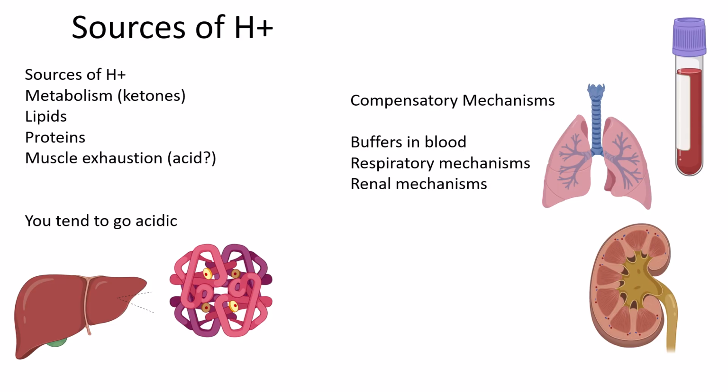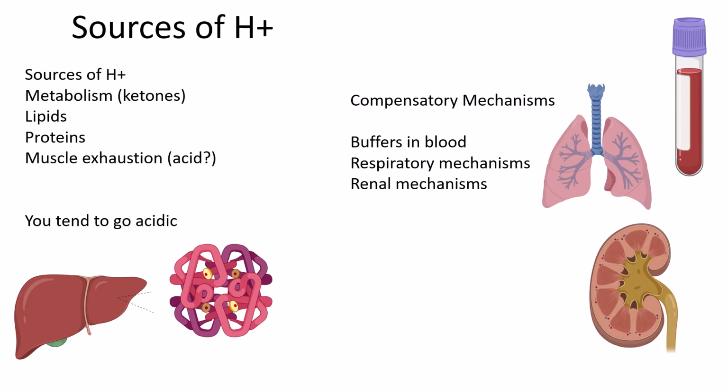When the body breaks down amino acids, nucleic acids, and phospholipids, phosphoric acid is produced, and it quickly dissociates into hydrogen cations and phosphate groups. So there are tons of sources of hydrogen cations every day, making your ECF pH go more and more acidic.